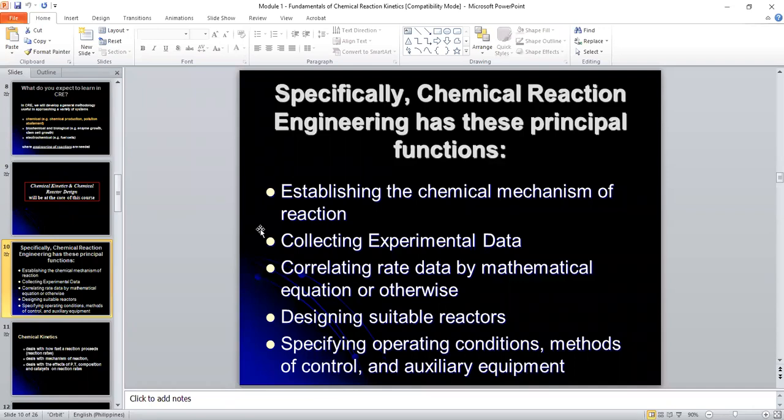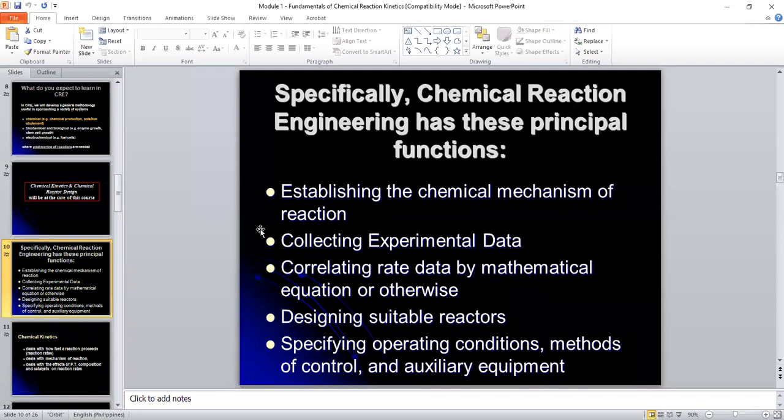Even statistics needs experimental data, whatever that experiment may be. It could be with a particular population, it could be with a set of students, or in the case of CRE, it would be a particular reaction carried out at a particular set of conditions of pressure and temperature.